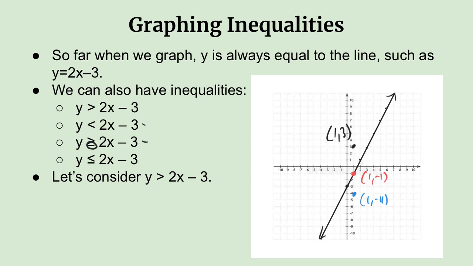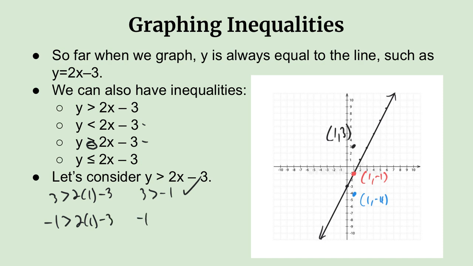If we plug the black into this inequality, we've got 3 is greater than 2 times 1 minus 3, which would be 3 is greater than -1, which would be correct. So that point is a solution. We then plug in 1, -1. So -1 is greater than 2 times 1 minus 3.